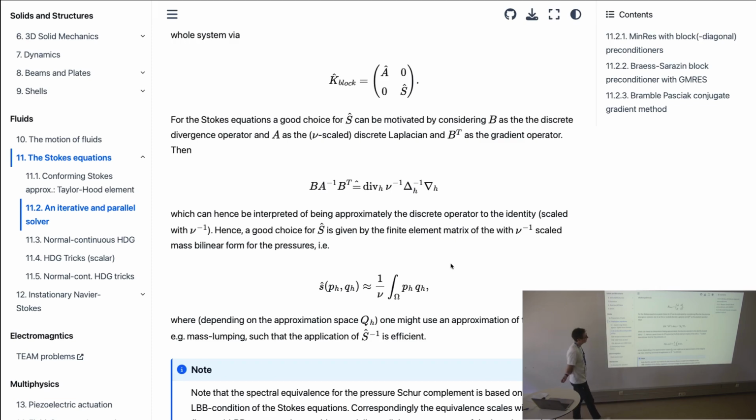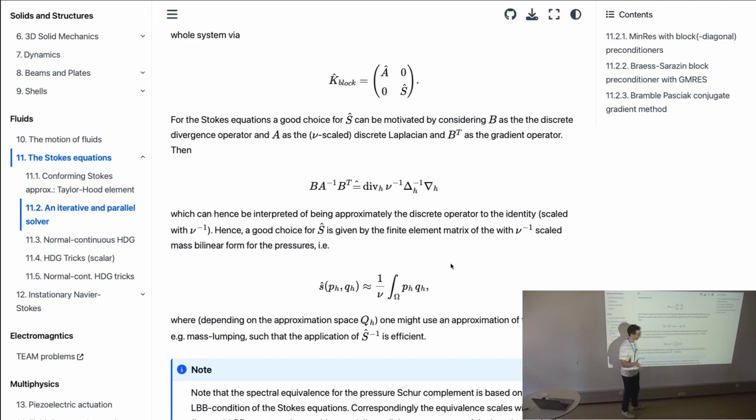As a first step, I want to talk about this S hat. There is a little bit of hand waving included. But the main idea is that we want to look at this pressure Schur complement again, B A inverse B transpose. When you write this down, you can see this as the divergence operator, then the inverse Laplacian, which corresponds to this A matrix, and then the B transpose.